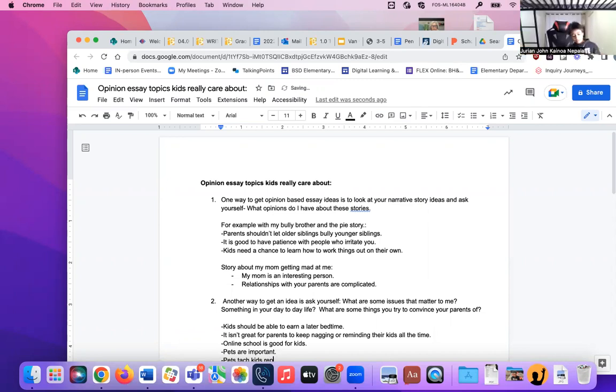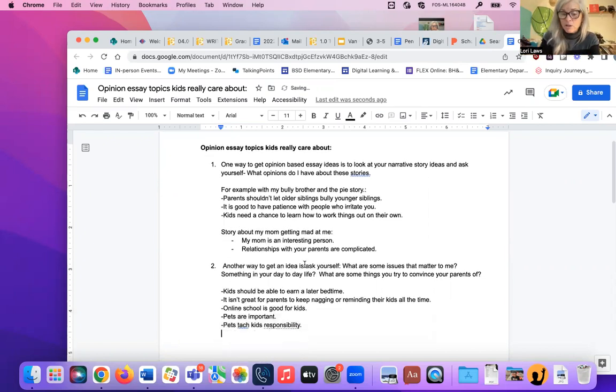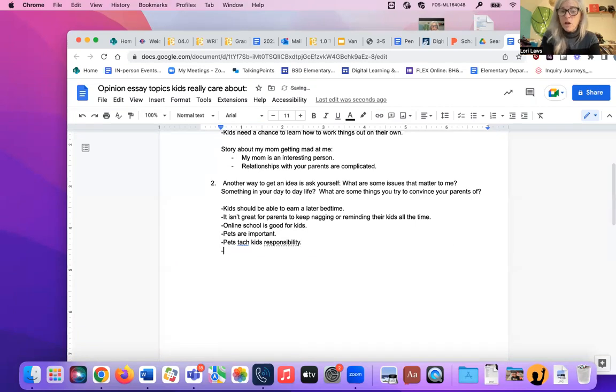Yeah, because you have to be responsible with a pet. Do you think that all parents should let kids have a pet? Yeah, because that shows how responsible they can be too. If they're home alone, you have to take care of your pet and you'll be responsible.